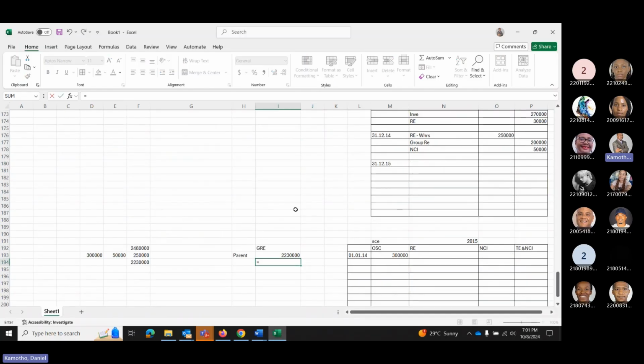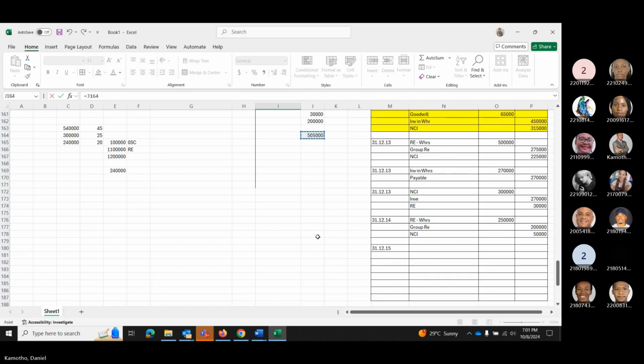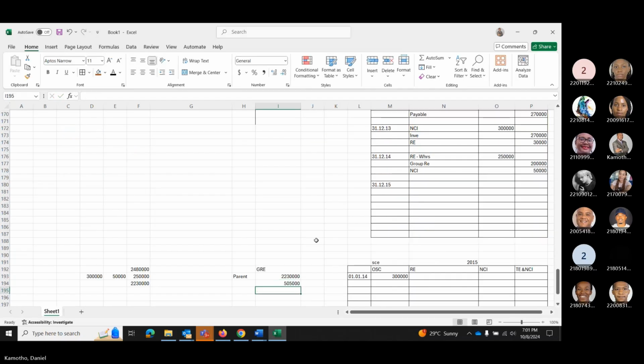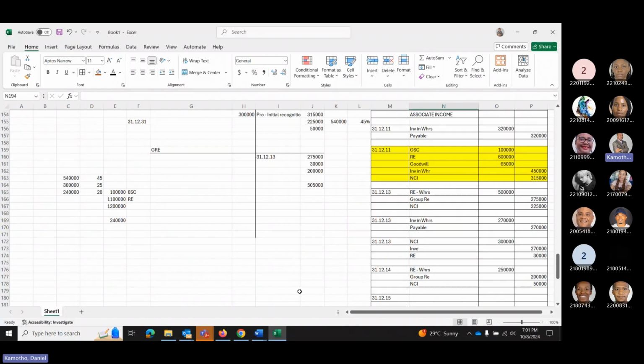So the post-acquisition earnings is that one, group retained earning, is that amount. And therefore the group retained earning brought forward would be that amount. And therefore, we can say the group retained earning is 27,500.